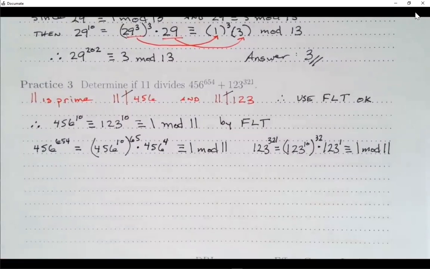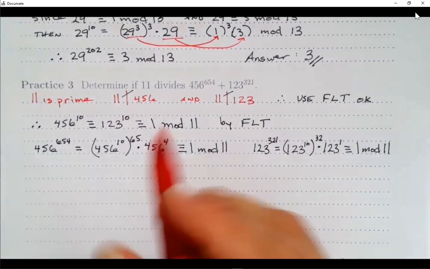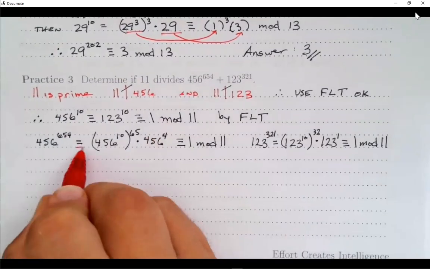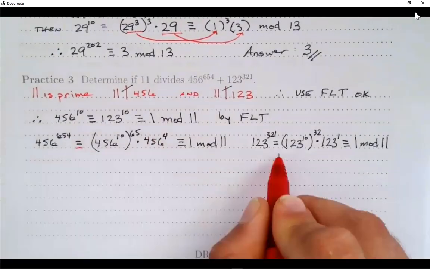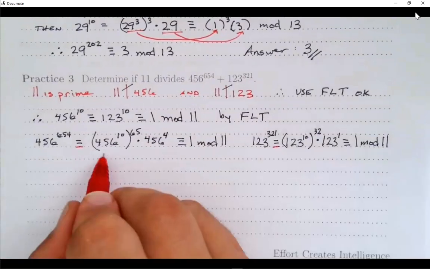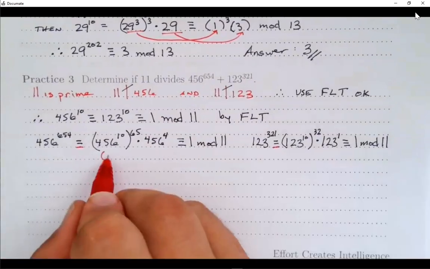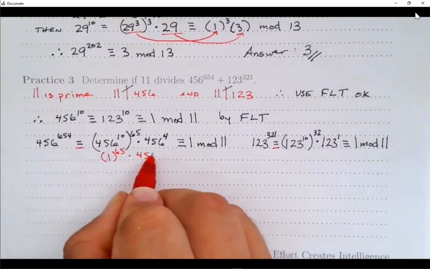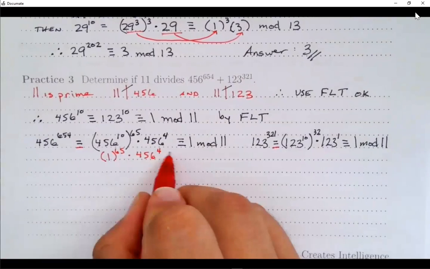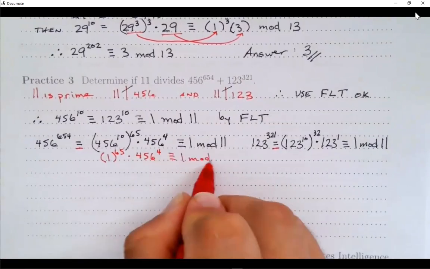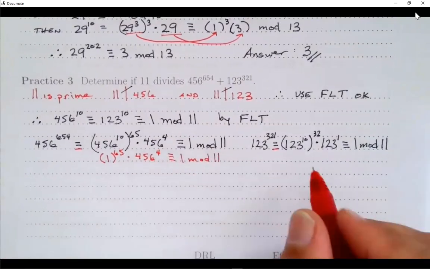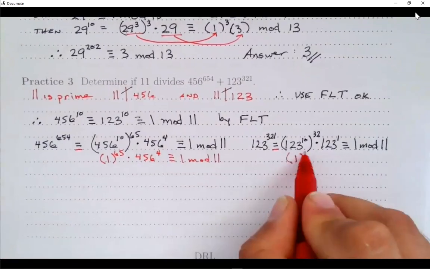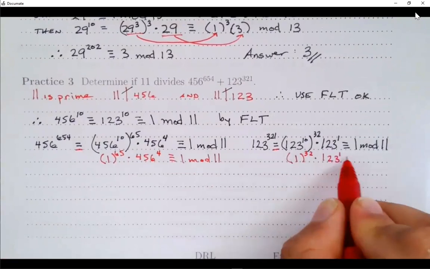Now, what does that tell us? Well, we know that this 456 to the 10th power can be replaced with the 1, and then we'll have 456 to the 4th power. And we know over here that this 123 to the 10th power can be replaced with the 1, and then 123 to the 1st power, mod 11.